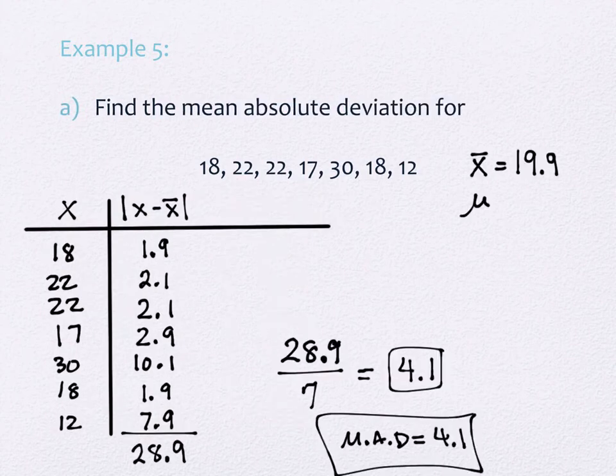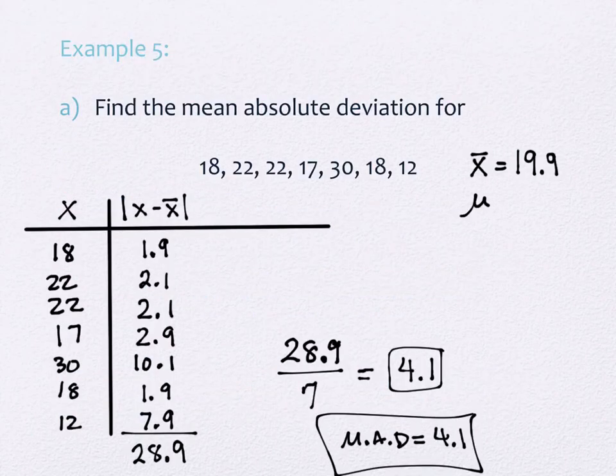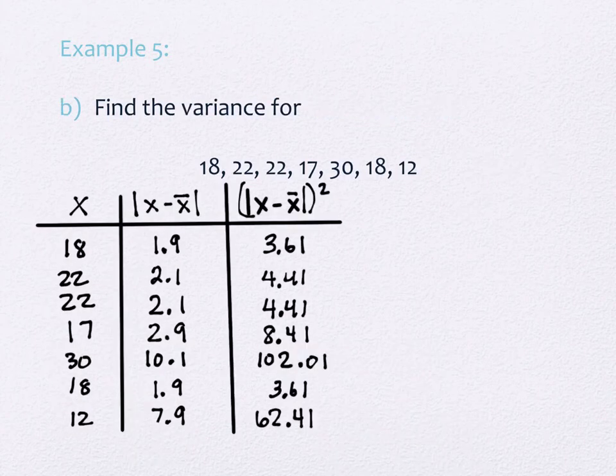What does step 4 say I'm supposed to do? Find the sum, and then step 5 says divide by my number of values. So it's in a very real sense exactly what we did when we got that 28.9. It's just doing it with the next column over that we just created. So we're going to add together all of these slightly larger values.